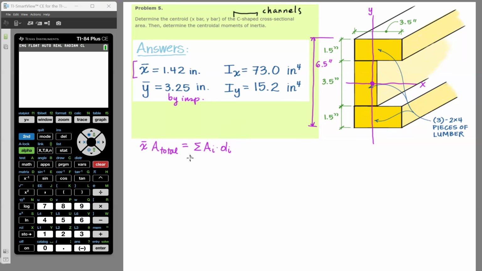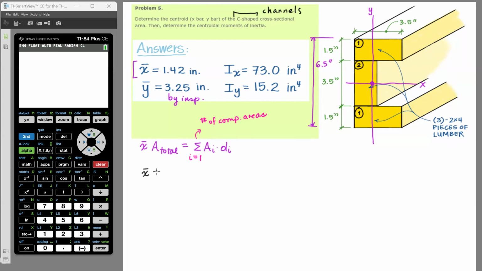And the summation notation, we usually just get lazy and write the capital sigma, but we could be more formal and say i equals 1 and count up to the number of component areas, if we wanted to do that. I'm going to give my component areas some numbers. So I have shape 1, quantity 2, and shape 2, quantity 1.